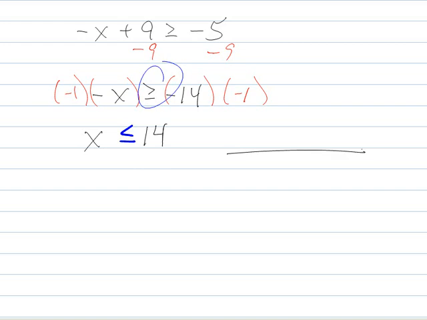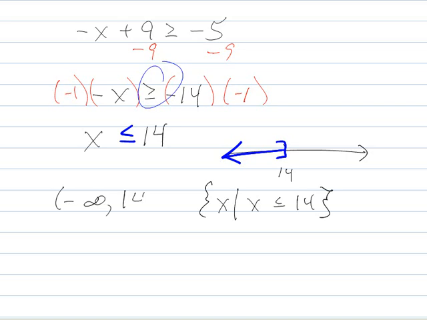So that's awesome, if you have a very low threshold for what awesome is. So less than or equal to 14, so I'm going this way. So x, such that x is less than or equal to 14, or goes from negative infinity to 14, inclusive of the endpoints. So that's super awesome.